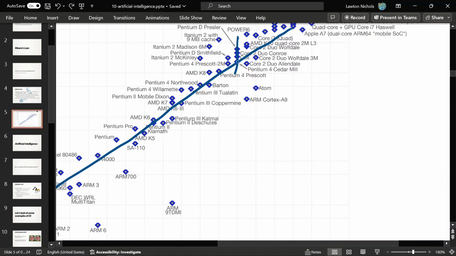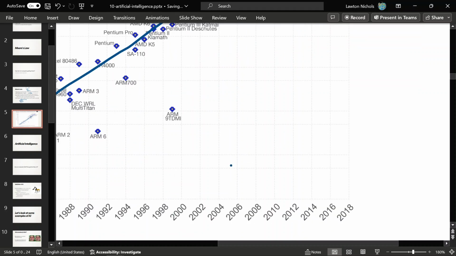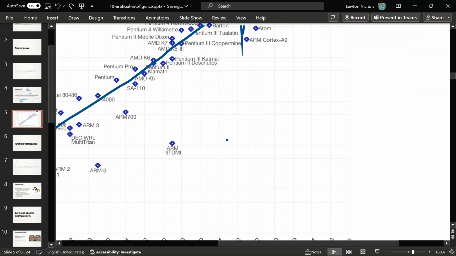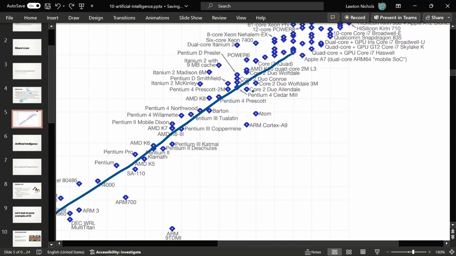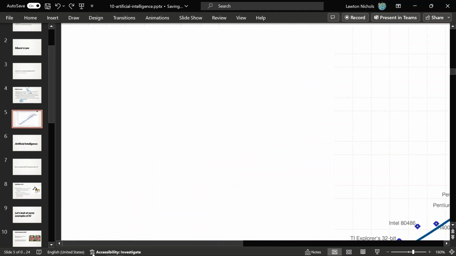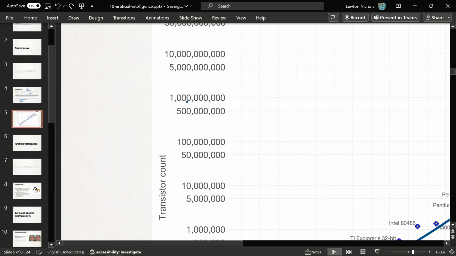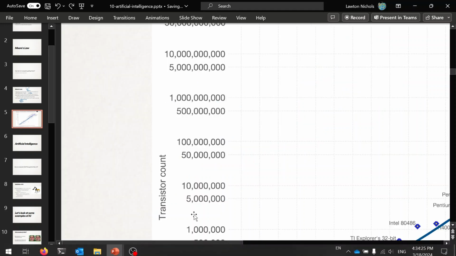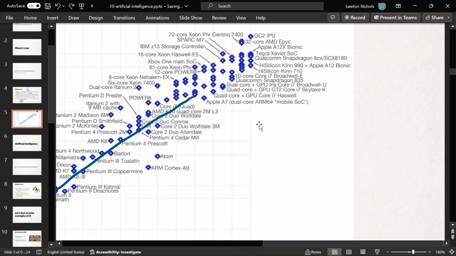And then around here, which is mid to late 2000s, we hit that power wall, and so now you see the things that say core in them, Core 2 Duos, dual core processors, quad core processors. That's how we kept Moore's law alive, shoving more transistors in, and now we have on the order of billions of transistors. Crazy stuff.